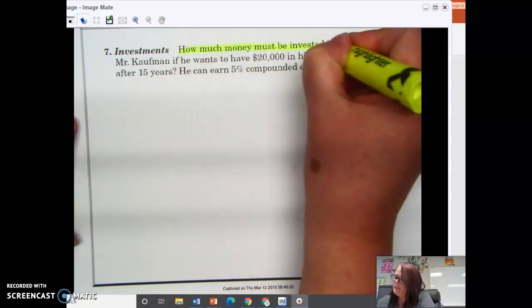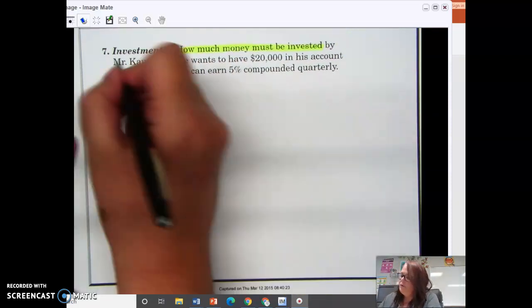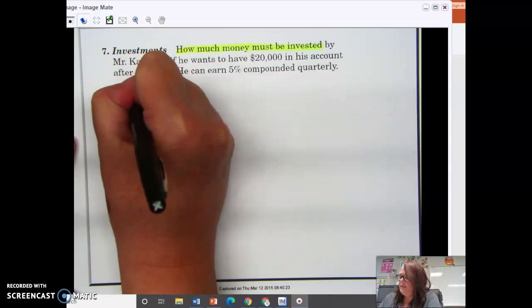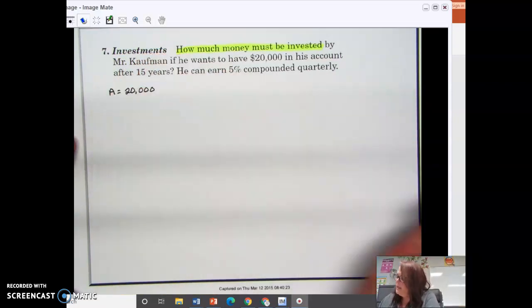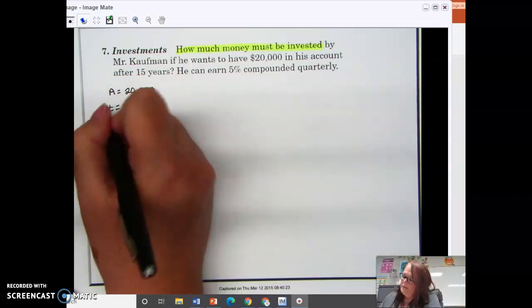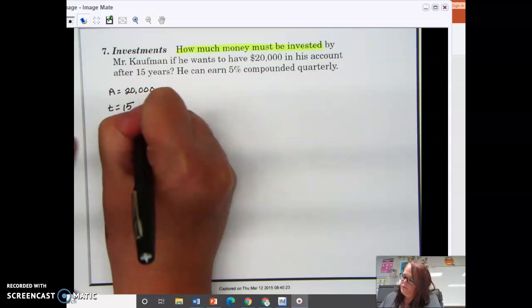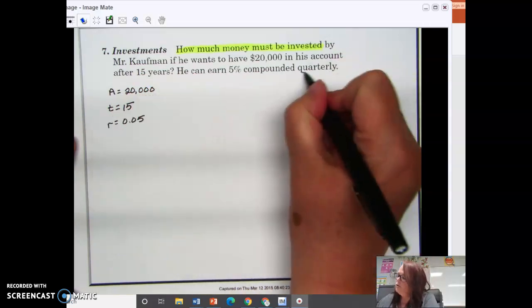So we're looking for P. So go ahead and solve for P here. So we want the new amount to be 20,000. We want the time to be 15 years, and we want the rate to be 5%, so 0.05 compounded quarterly.